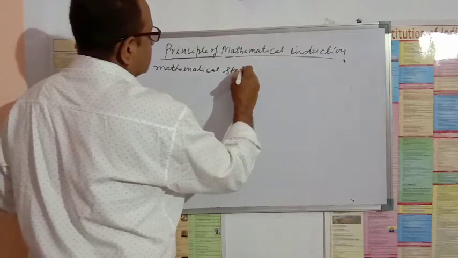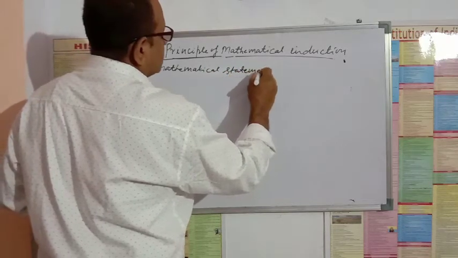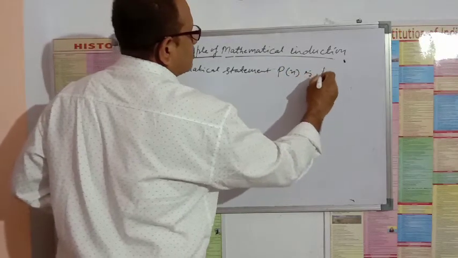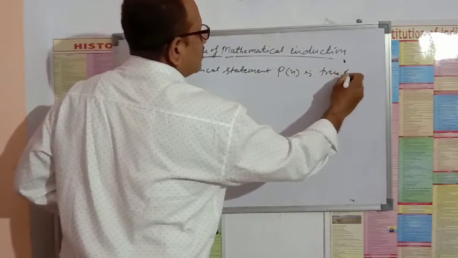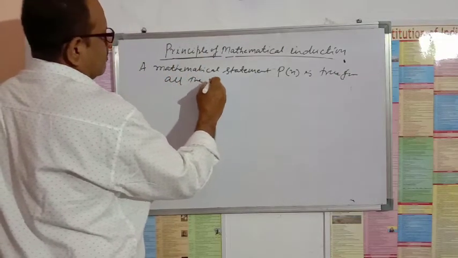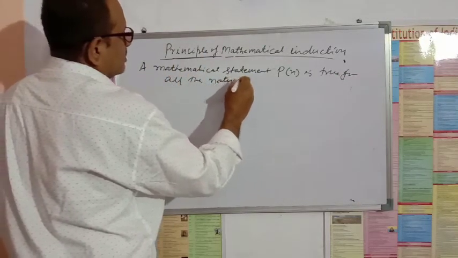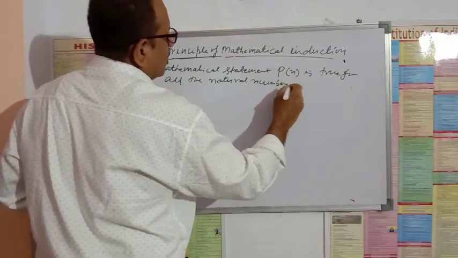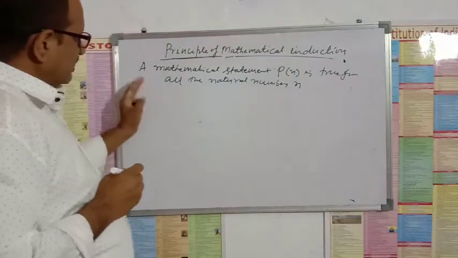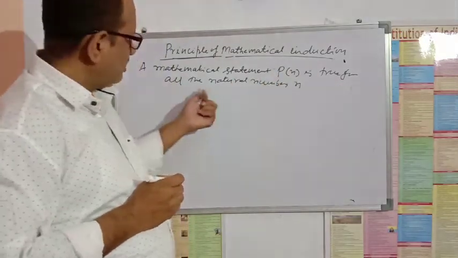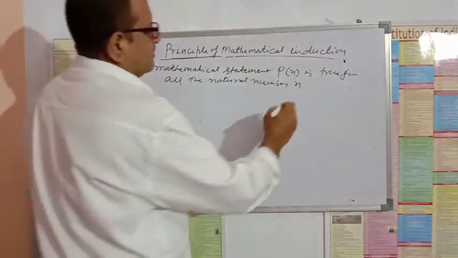A mathematical statement Pn is true for all the natural numbers n if these two conditions are satisfied.